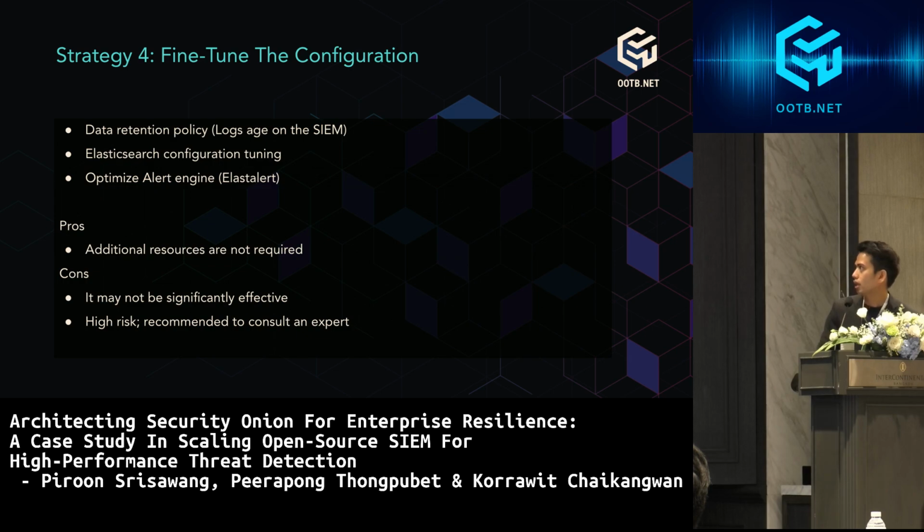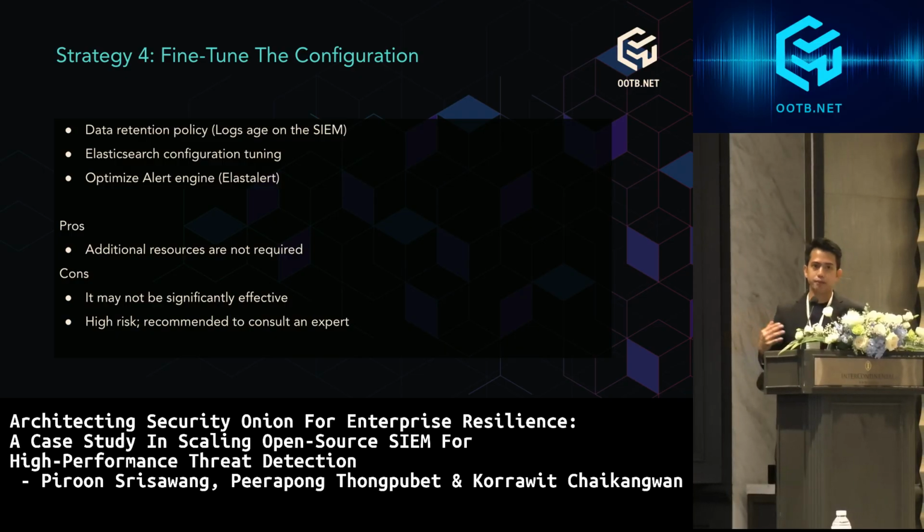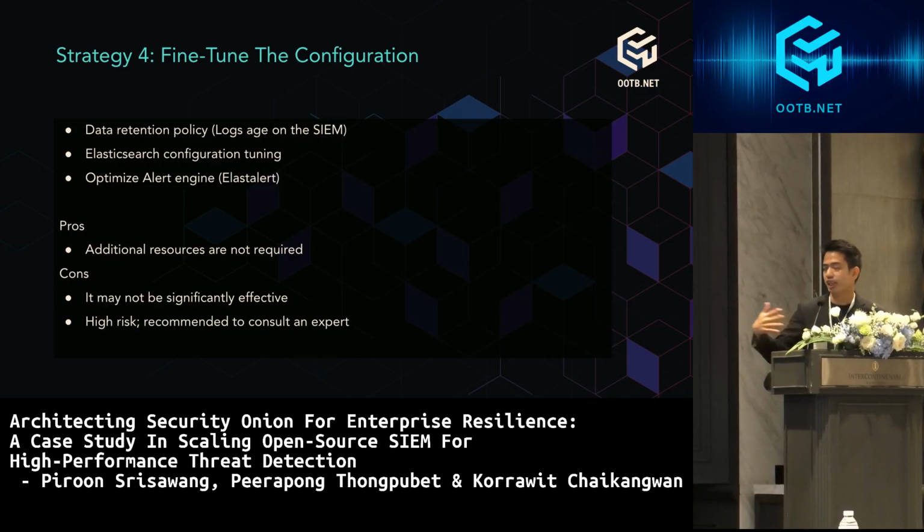Okay. The fourth strategy is fine-tuning the configuration. The default configuration of Security Onion is safe, but it can't scale to handle massive logs, so we propose ways to customize the configuration.